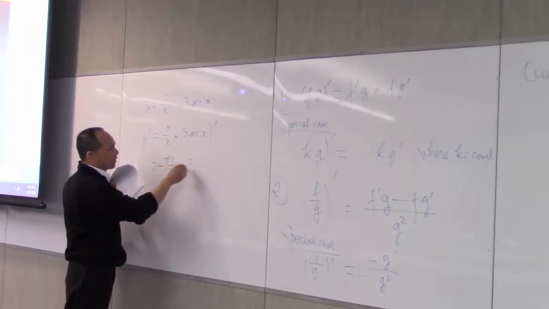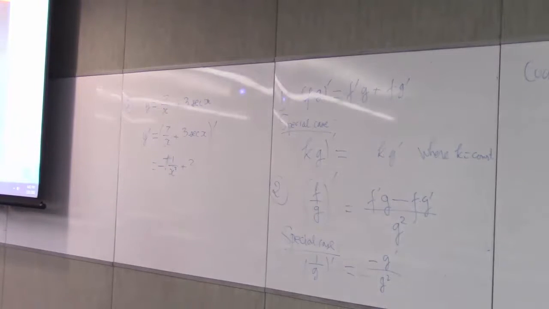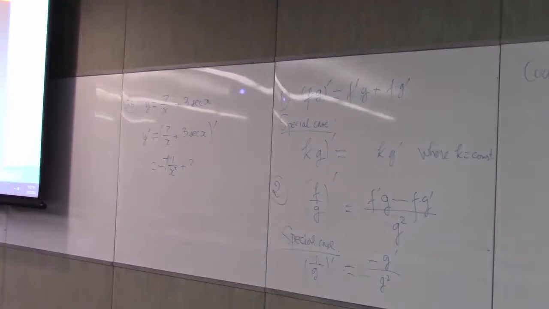And this is 3 times the derivative of secant, which is secant tangent. Why this way? Why the x term? The sum rule. Use the quotient rule for the first term, then use the product rule for the second one.